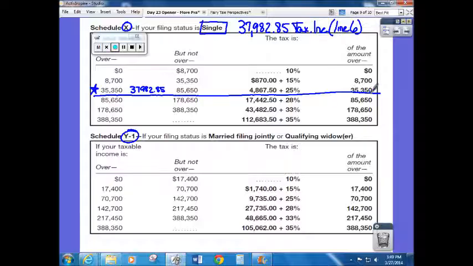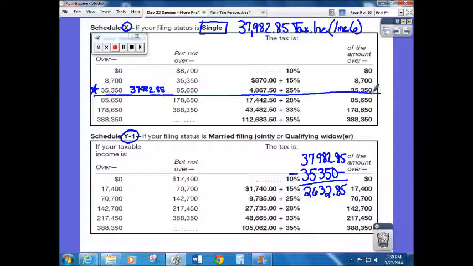To do this, we take $37,982.85, our taxable income, and we're going to subtract $35,350. That comes to $2,632.85. So that's the amount over $35,350.